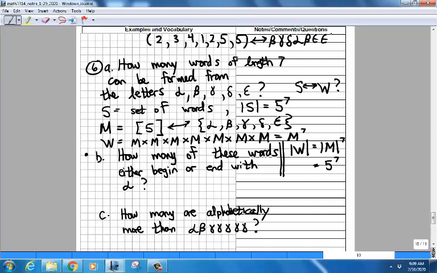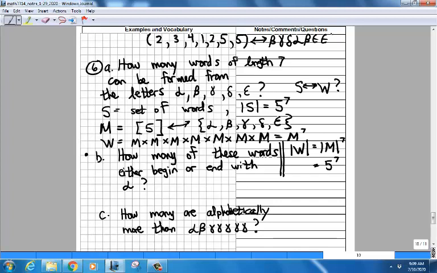So is it enough to show that a tuple in W corresponds to a word in S? Yes. Right, that's what's asked for in the sample test.